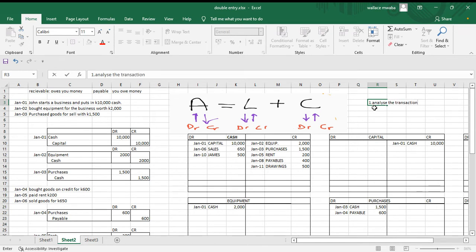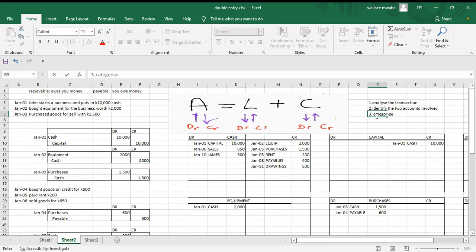Number two, you identify the two accounts involved. And number three, you categorize these two accounts.